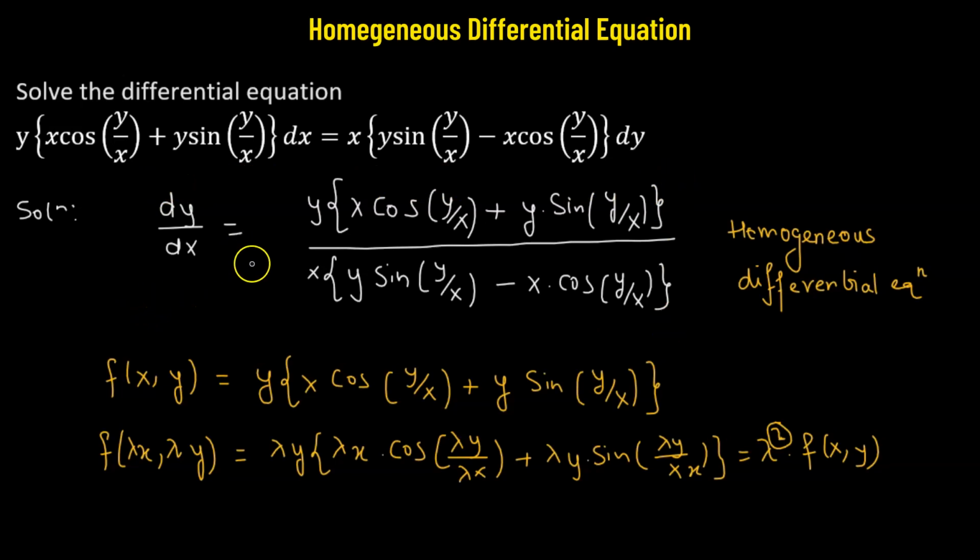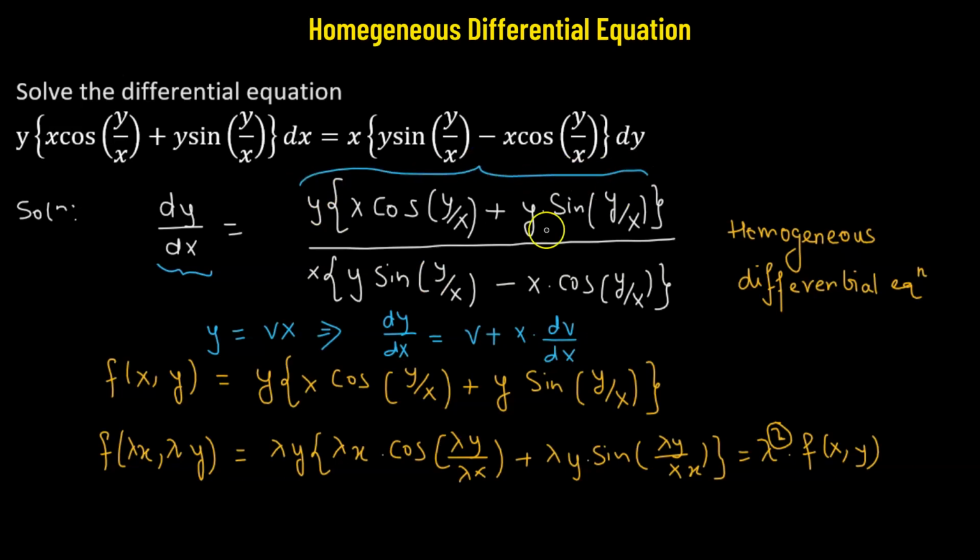Now, in order to solve such a differential equation, all we have to do is consider y equals v times x and differentiate both sides. This gives us dy over dx equals v plus x times dv over dx. So in place of dy over dx, we will have v plus x times dv over dx, and accordingly y will be substituted with vx.